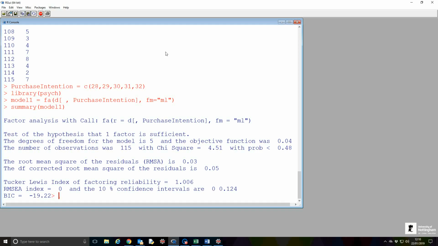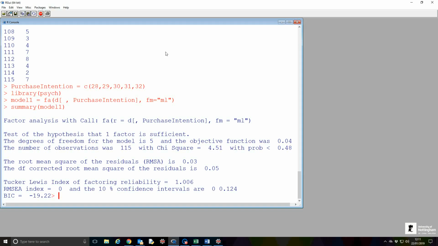So is it right in thinking it's almost what variance hasn't been explained by our factor? Yeah, it's almost what variance hasn't been explained by our factor. Now, R is good, as you were saying before, Rob, in this sense, because it actually produces the Tucker-Lewis index of reliability.